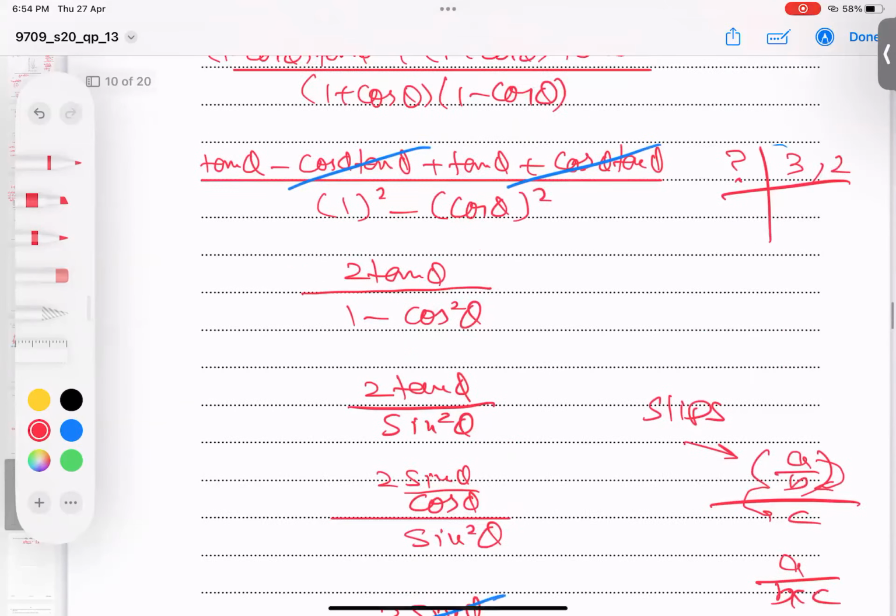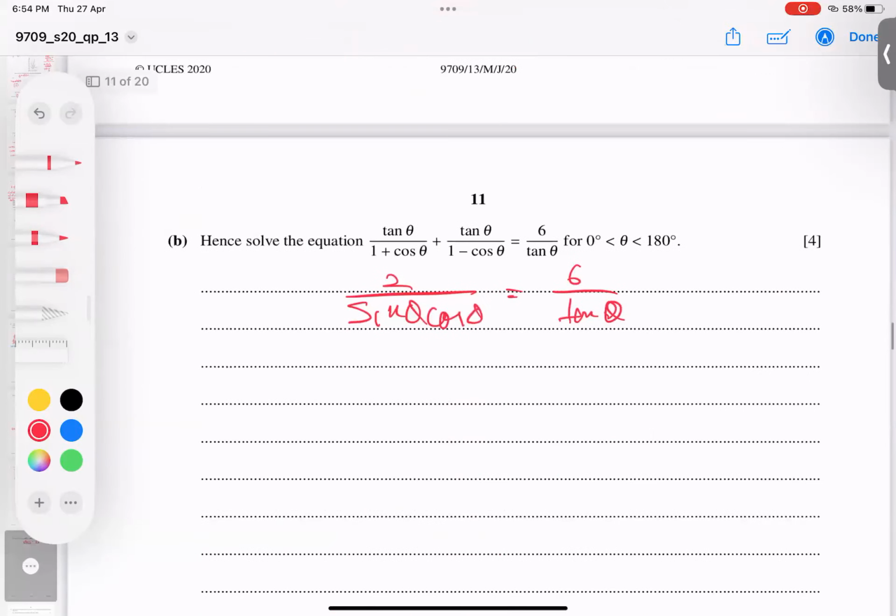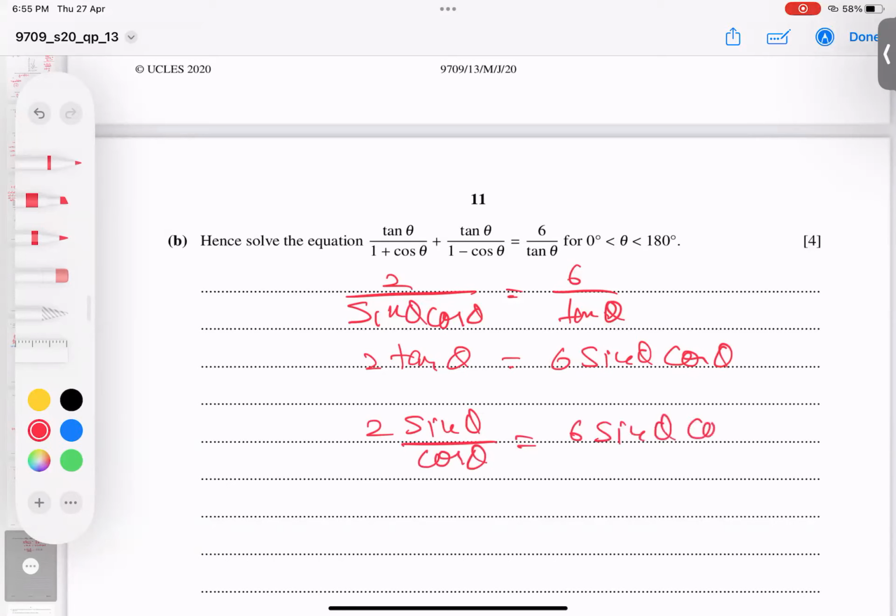And let me recheck. Yes. Okay. Now cross multiply. And tan comes this side with 2, and 6 times sine theta cos theta. But what is the tan value, student? Sine over cos. Okay. Cross multiply. I get 6 sine theta and cos square theta. And I got 2 sine theta.